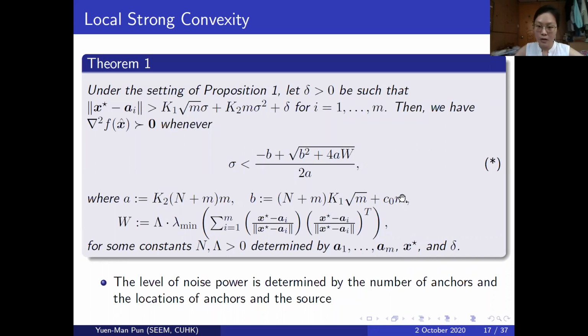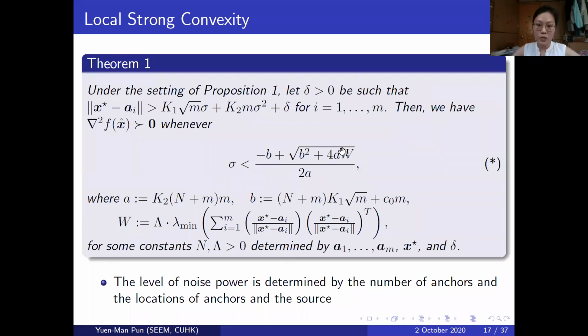C0 comes from the noise assumption, and we also have this term, the minimum eigenvalue of the summation of the unit vectors from the anchors' positions to the true location, and this involves the geometry of the whole configuration of the anchors and our target.